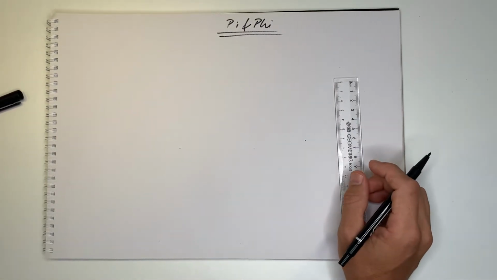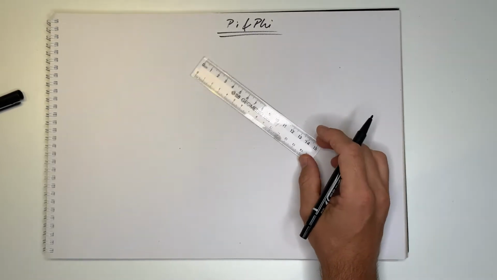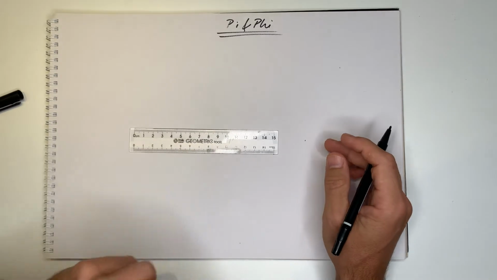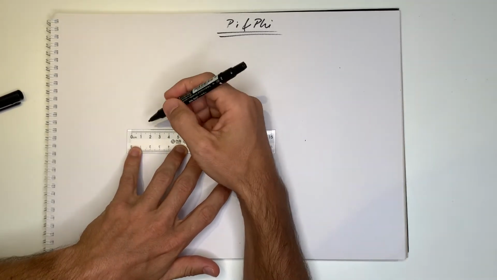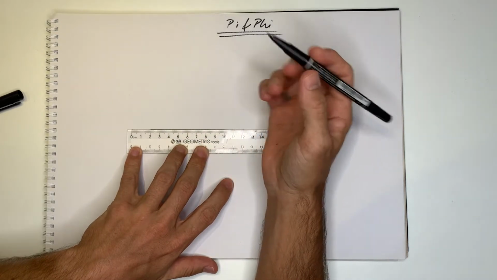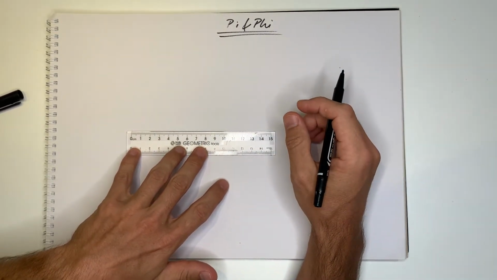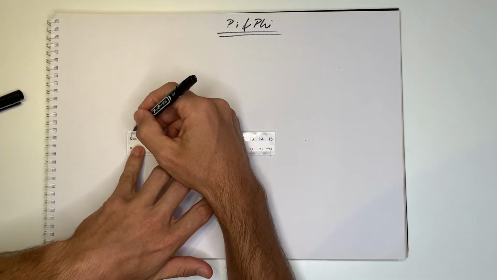Is there an easy way to show their interrelationship? I'm going to show you one way that I have found that is very simple. I haven't seen this geometric explanation anywhere, so let's see if you agree with me.